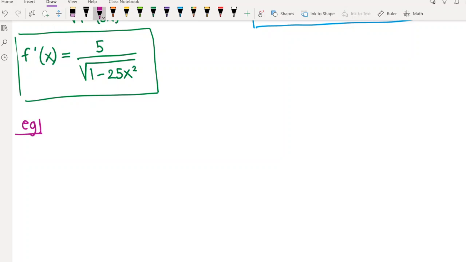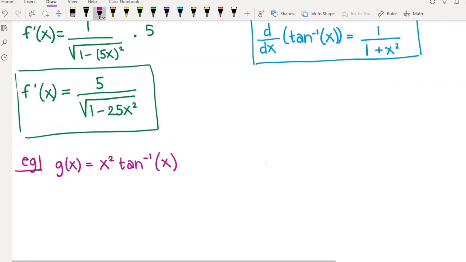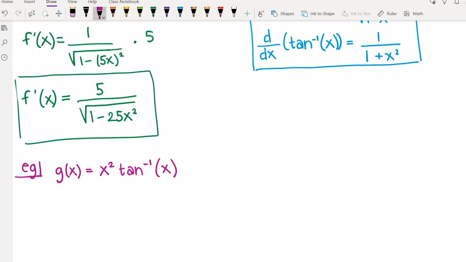Okay, so the next one I want to do is, let's call our function g of x, equal to x squared times inverse tangent of x. So this one is going to be a product rule, right? For one of our functions we'll have to use this second rule, and the other function is just x squared. So our derivative is going to be taking the derivative of our first part, which gives us 2x, and multiplying that with inverse tangent of x.